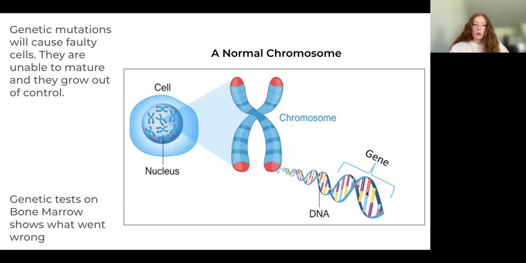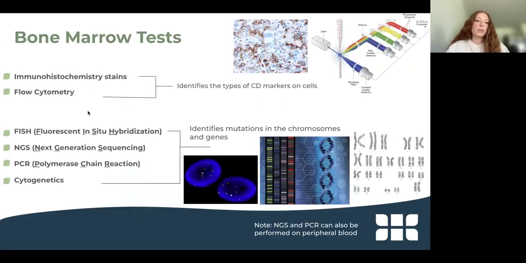And then a portion of that DNA will have genes. And those genes can either be mutated or the whole chromosome can be mutated. And it causes that blast cell to not function right. And that's what causes it to grow out of control and become cancer.